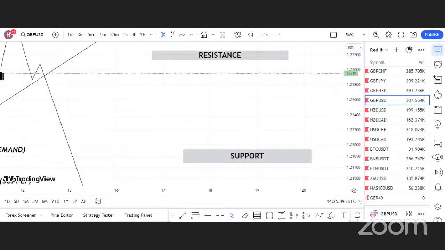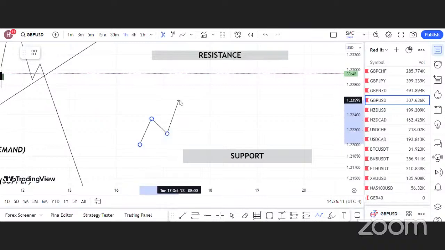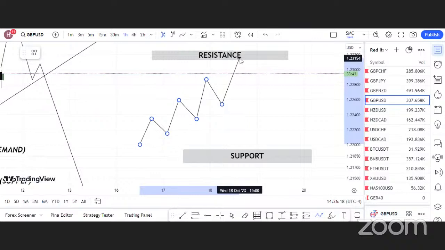What this means is that if we have an uptrend, the market going up, it pauses where there is a concentration of supply.